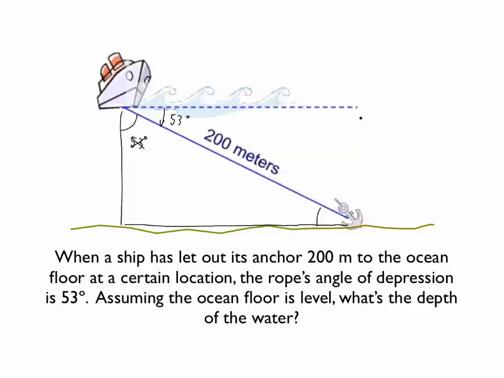So either use this triangle over here that I'm outlining right now, or recognize that this angle is also 53 degrees. Those are called alternate interior angles. But the mistake that you want to avoid is to call that the 53 degrees. Angle of depression is angle swept down from horizontal.